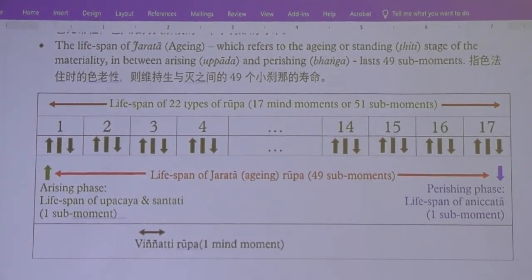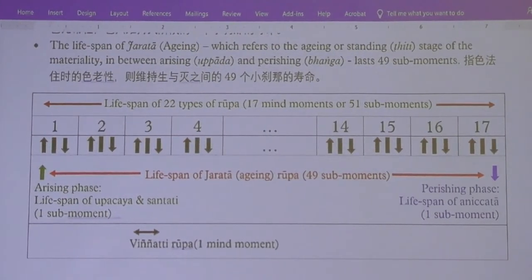Actually we have not yet studied rupa, so don't think too much about it. What are the 22? Maybe that is a later question. Please don't ask now, this is for the later study. But anyway, the lifespan of rupa is explained.